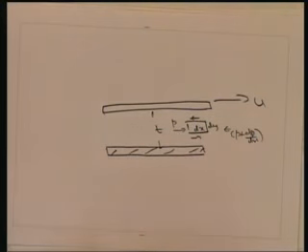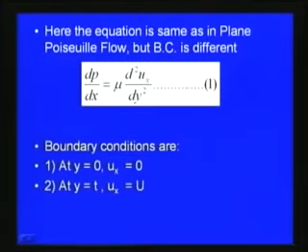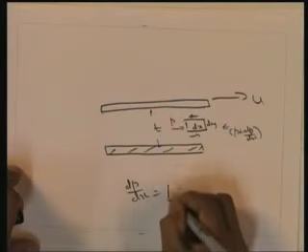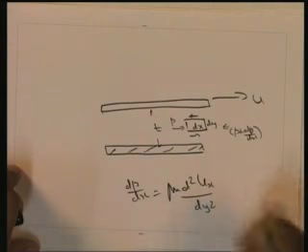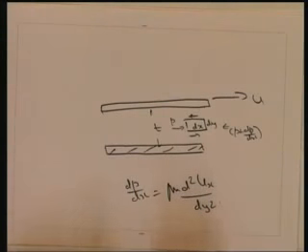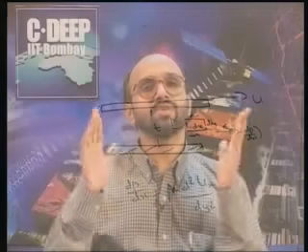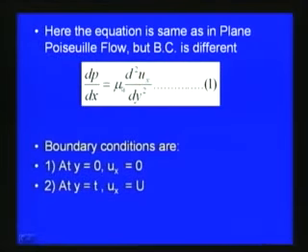Corresponding to the plane Poiseuille flow, the equation we derived is dp by dx equals mu d square ux by dy square. With respect to flow between two fixed parallel plates, the only difference is that the upper plate is moving. So, the basic equation is the same: dp by dx is equal to mu into d square ux by dy square.